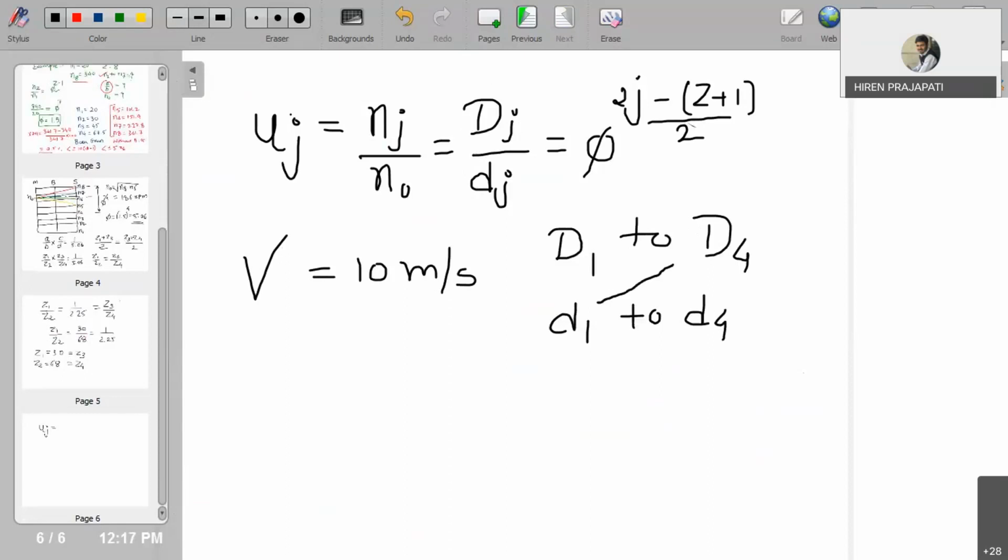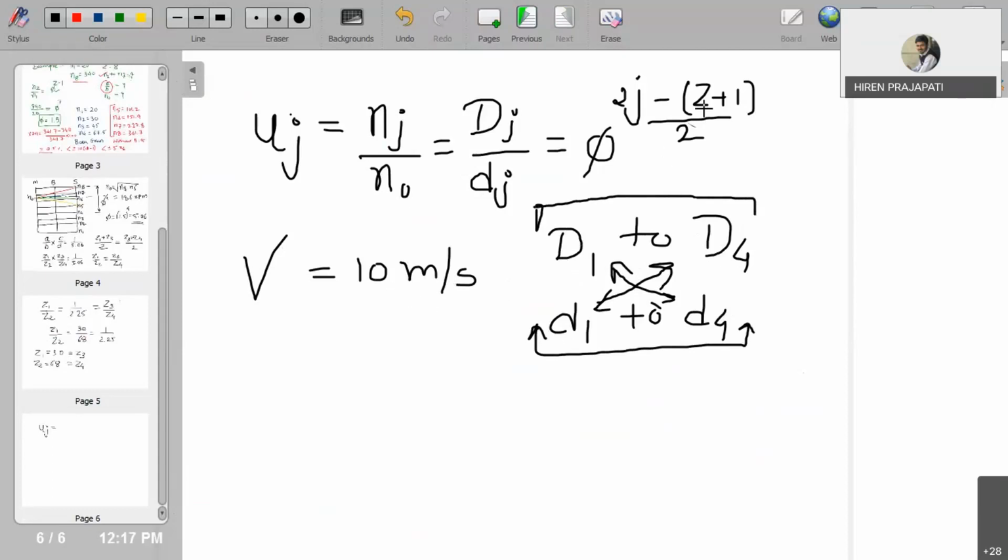As these are idler pulleys, capital D4 will be small d1 and capital D1 will be small d4, right? So you only need to find d1 to d4, which directly gives the values for the others.